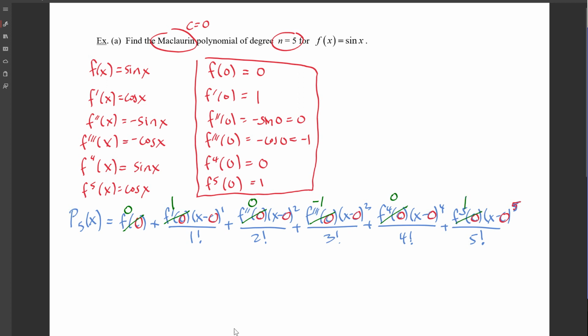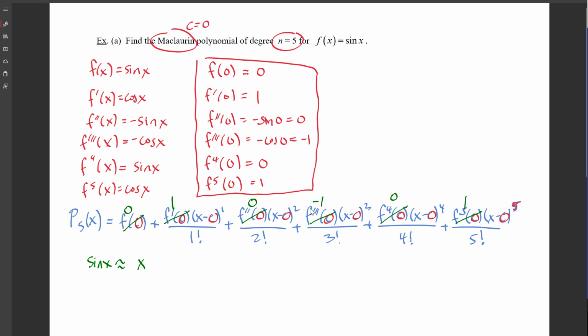This is the polynomial of sine x. So what we're saying is sine x is approximately equal to, and then we just write all this down. The first term is 0 plus 1 times x over 1 factorial. So that's going to be x. And then this third term is 0.